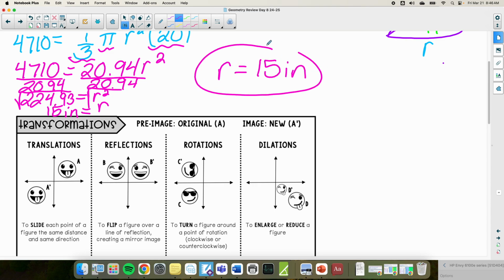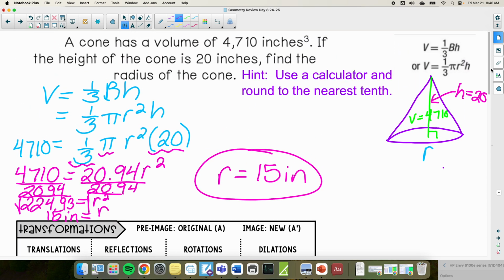Now I was telling you guys that when you do this, you do less than 20 questions in a class time. So if I had my radius that I solved for, couldn't you use your formula and check it to see if it equals 4710? So that would be a way that you knew it was correct. So you could go, okay, my volume is 1/3 pi r squared h, and I just found my radius to be 15 squared, and my height is 20.